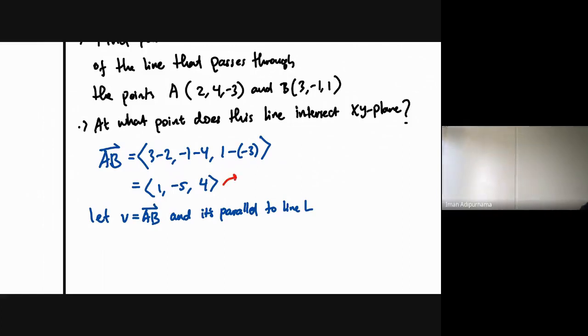So from here, we observe that these are the direction numbers.